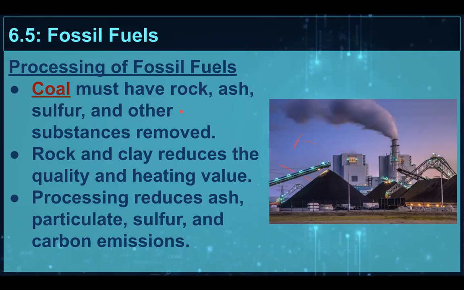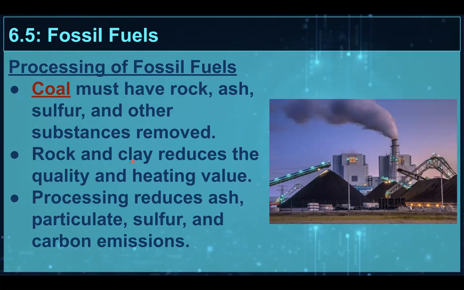Okay, so for example, coal is going to have other rock, ash, and sulfur in it. That stuff needs to get removed, right? Because we don't want to be releasing too much sulfur when we burn the coal, because that's going to release sulfur dioxide and lead to acid rain. Okay, the rock and clay. Remember, that's a component of very small pieces of rock.